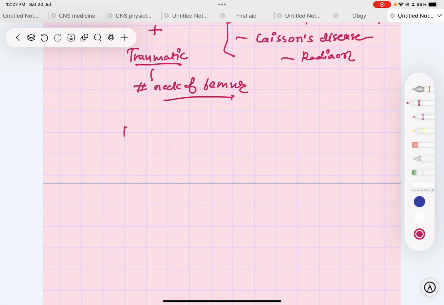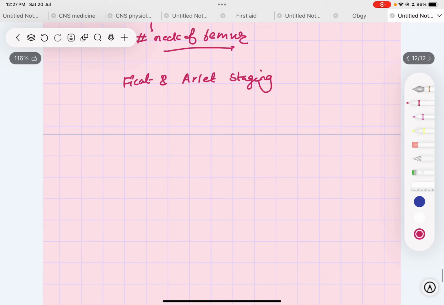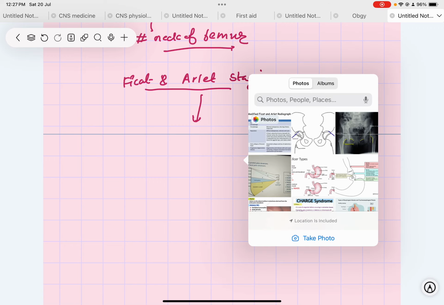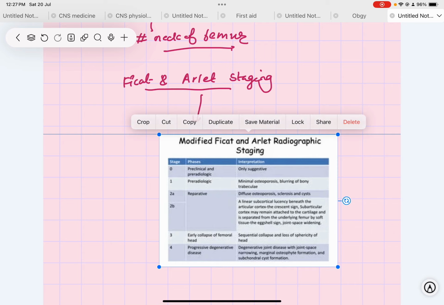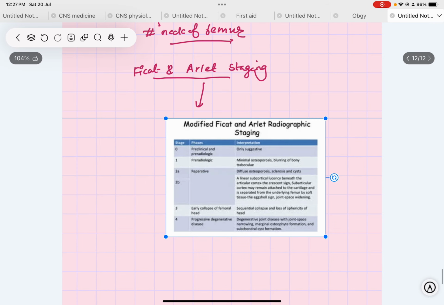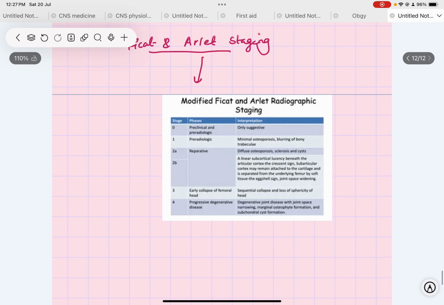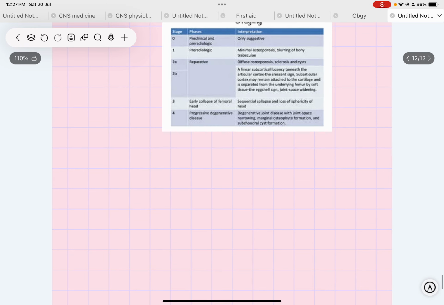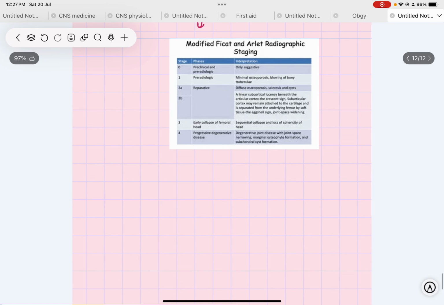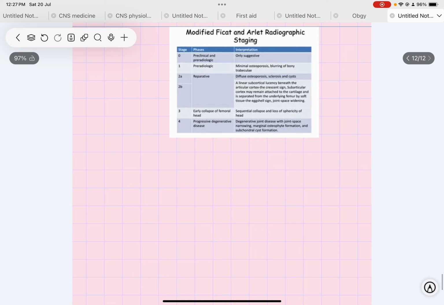And the classification we are using is the Ficat and Arlet staging. So let's see what this is about. So this is Ficat and Arlet staging.